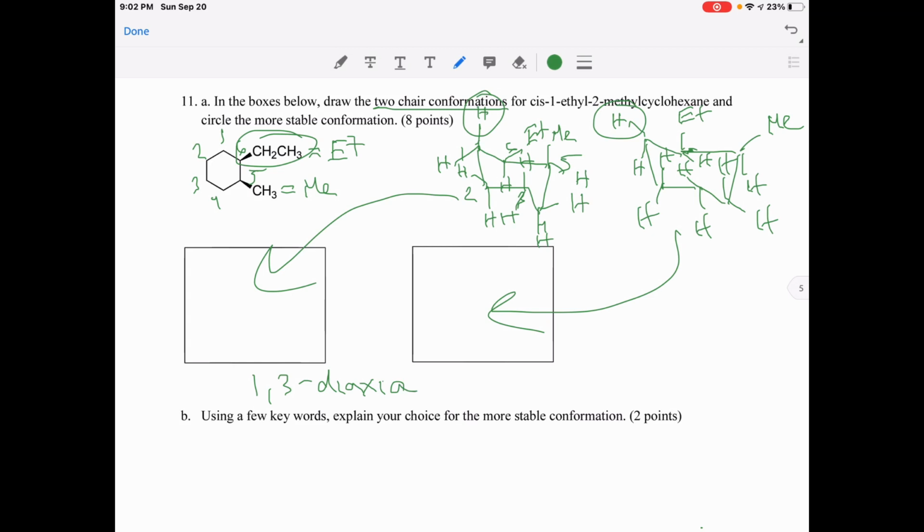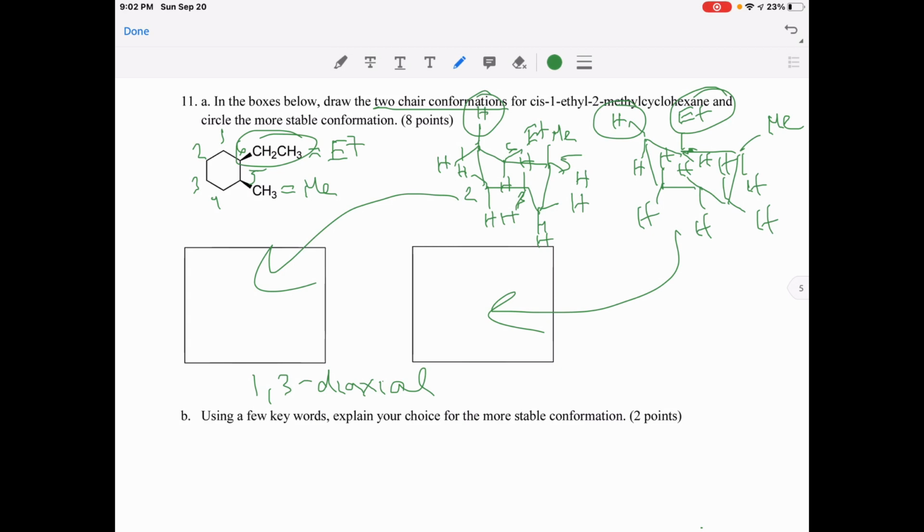That is simply that if a non-hydrogen substituent is in an axial position, it is capable of interacting with the hydrogens that are in an axial position 2 carbons away. So that is what they mean by 1,3.